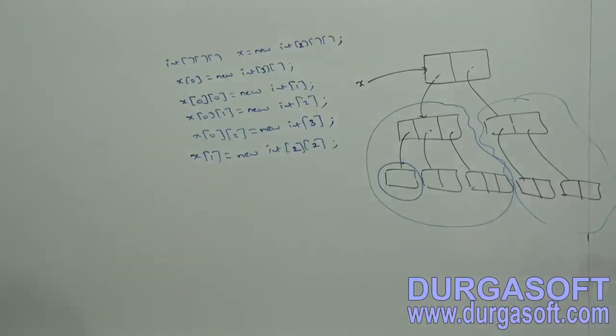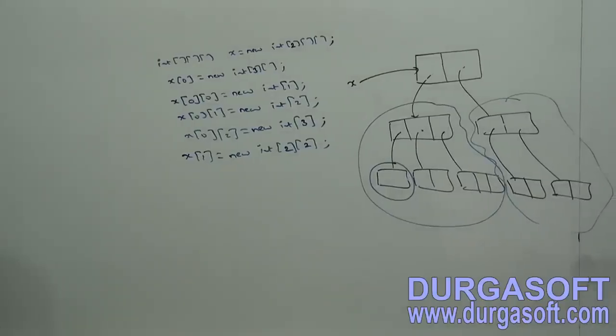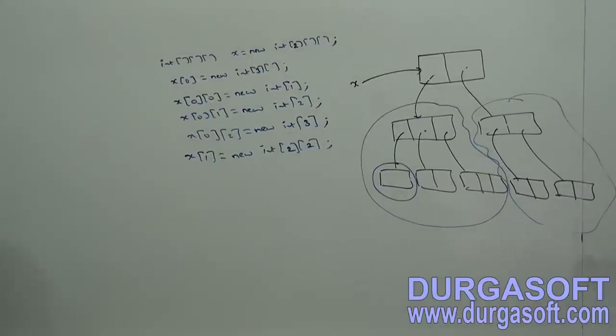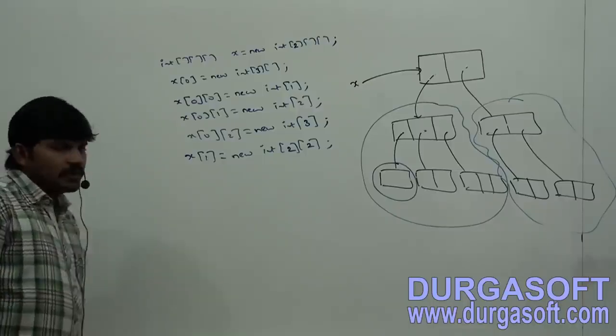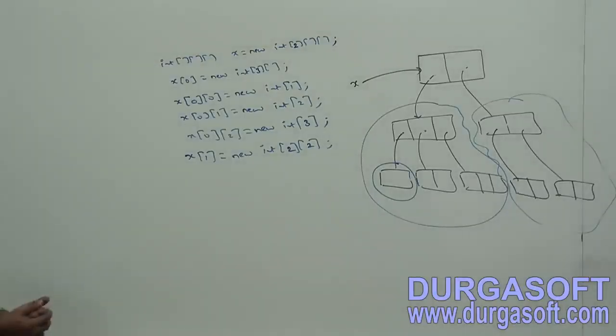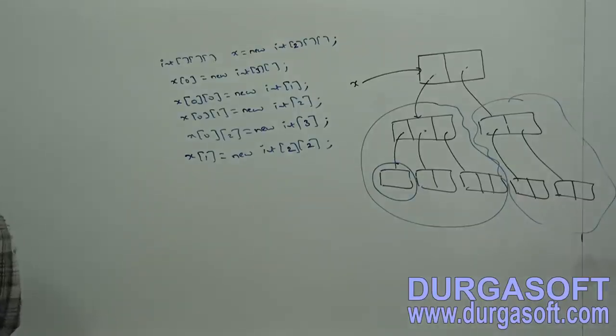Into 3-dimensional array x is equal to new 3-dimensional array of 2. x of 0 is equal to new int of 3, x of 0 0, new int of 1 2 3, followed by 2 2. Completed, right?